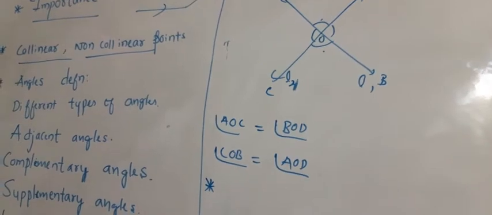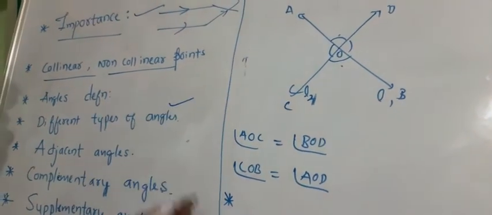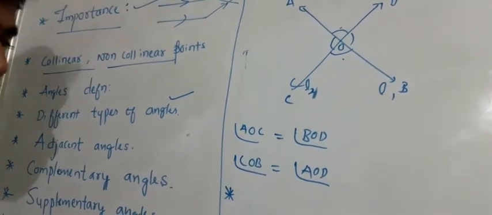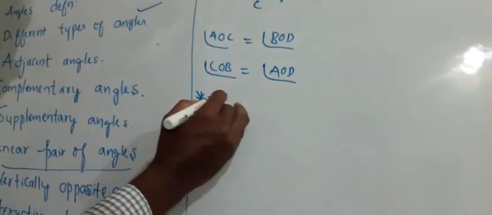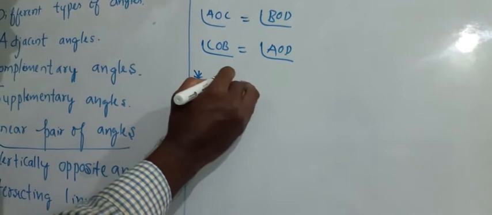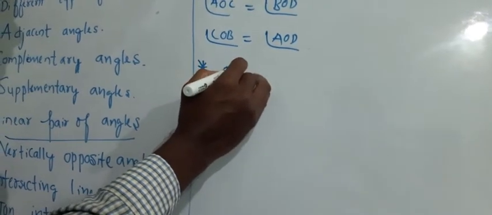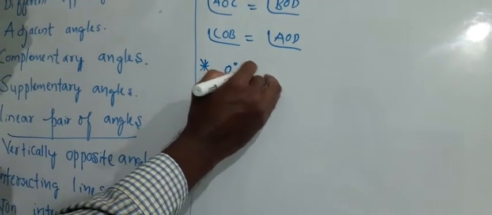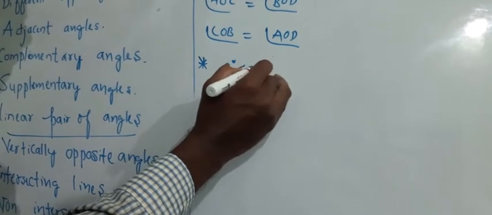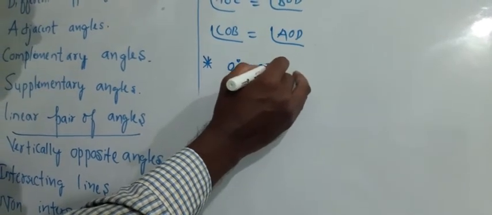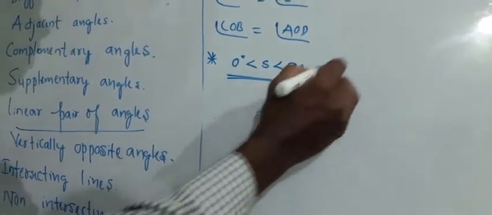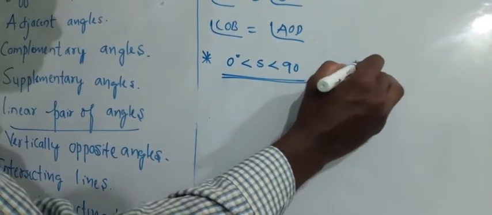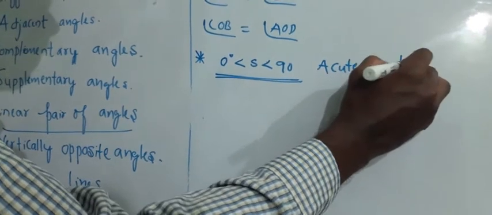before that, I forgot this. There are different types of angles. What are the different types of angles? Based on the angle measurement, if the angle lies between 0 and less than 90, let S be a particular angle, then S is less than 90. If the angle lies in this range, we call it an acute angle.